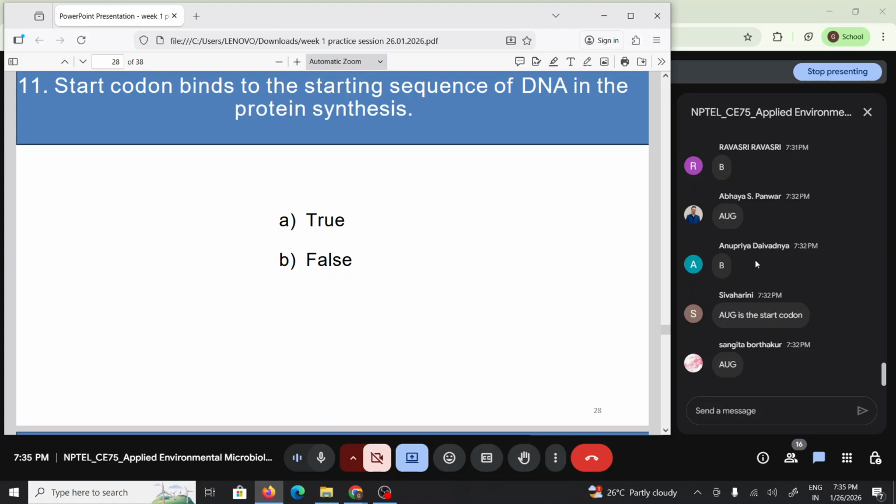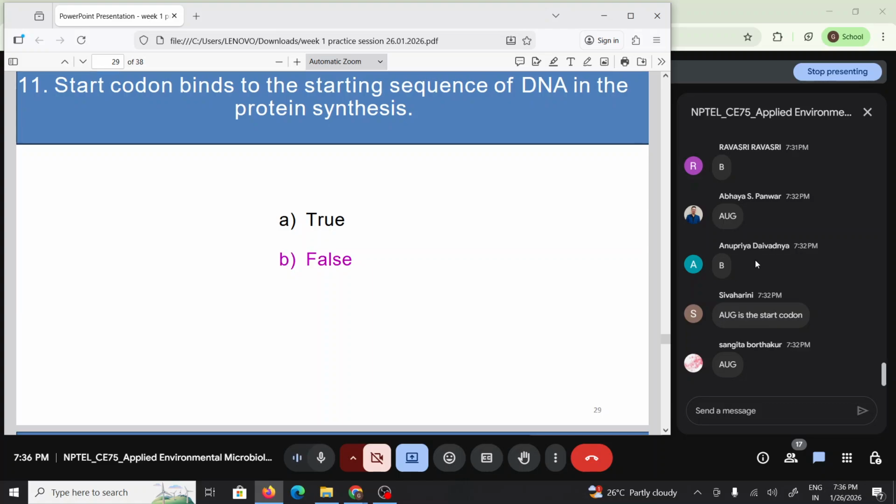Then comes translation, where your mRNA already has a start codon in it, and the corresponding amino acid comes through the tRNA, or transfer RNA. So your start codon does not bind to the starting sequence of DNA in protein synthesis. This statement is false.